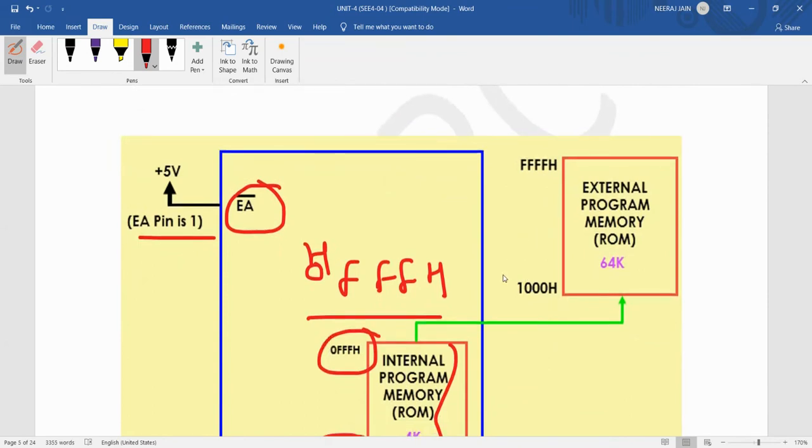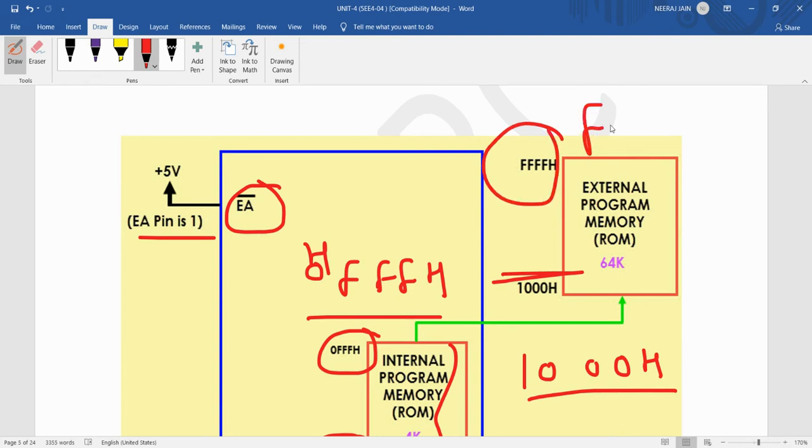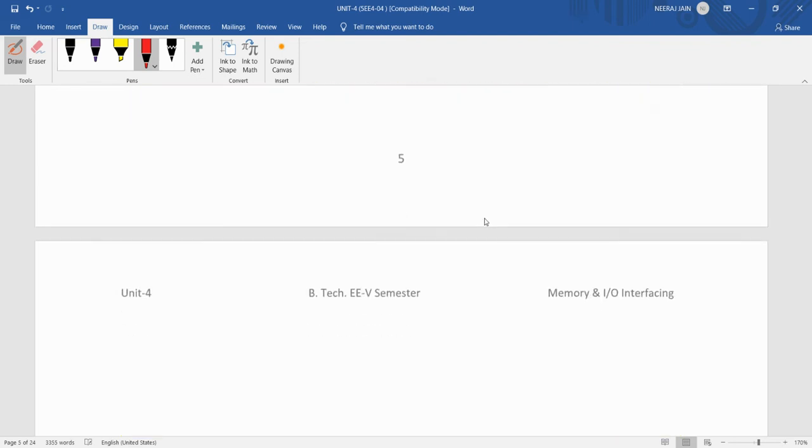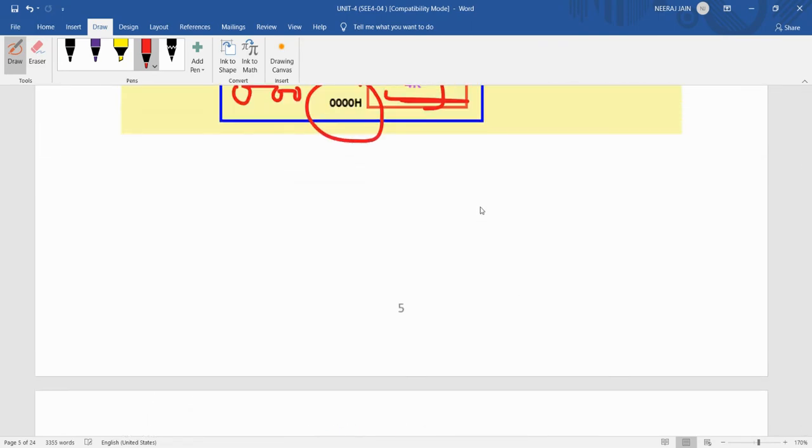And in case of the external ROM, 1000H is the starting address, and 4FFFH is the highest address. In this way, internal or external both memories can be accessed.